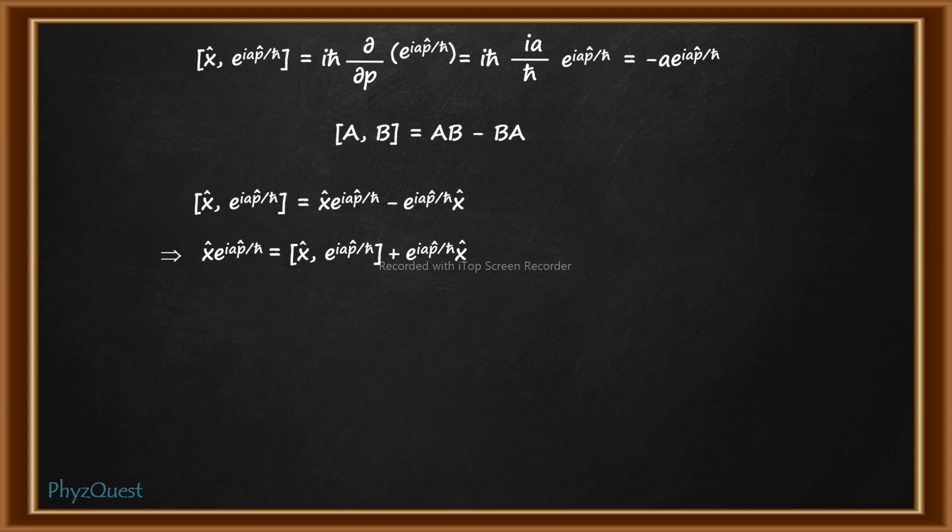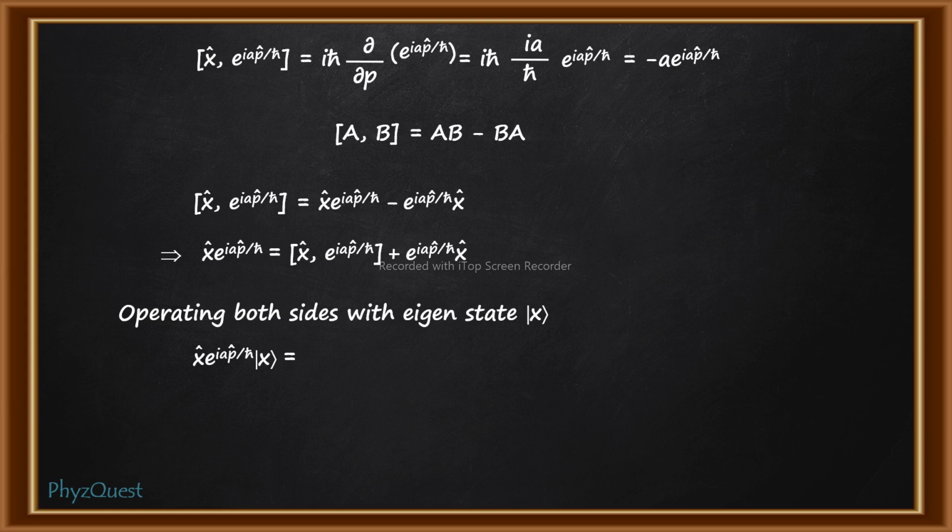Now when we operate both sides on the eigenstate |x>, it becomes x cap e to the power i a p cap by ħ operated on |x>, equal to the commutation relationship operated on |x>, plus e to the power i a p cap by ħ x cap |x>.